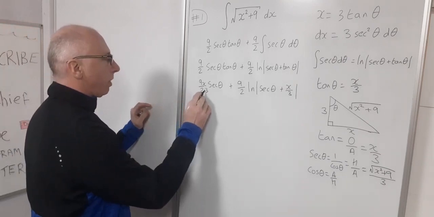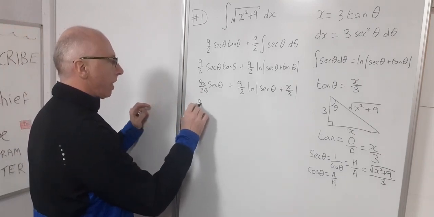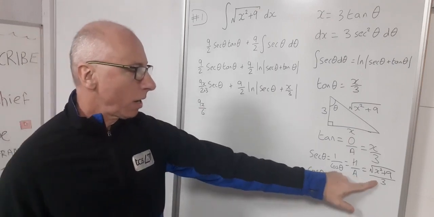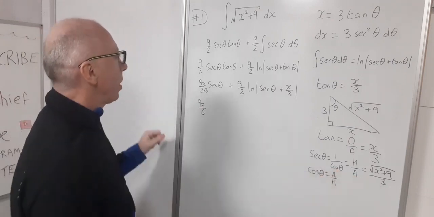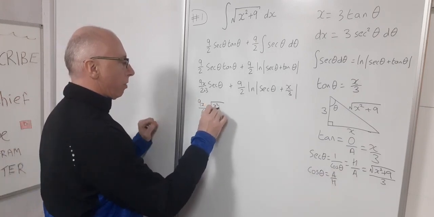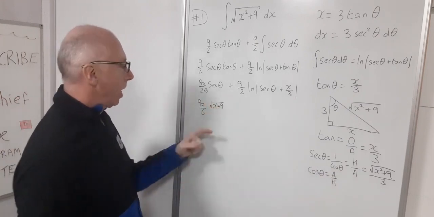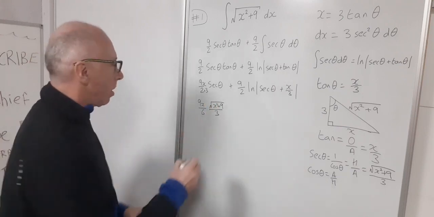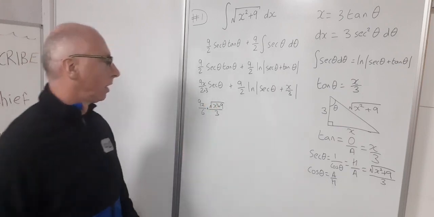Okay, so now let's plug that in. So I've got 9x over 6 multiplied by the square root of x squared plus 9, and then divide that by 3. And these are going to be multiplied together.